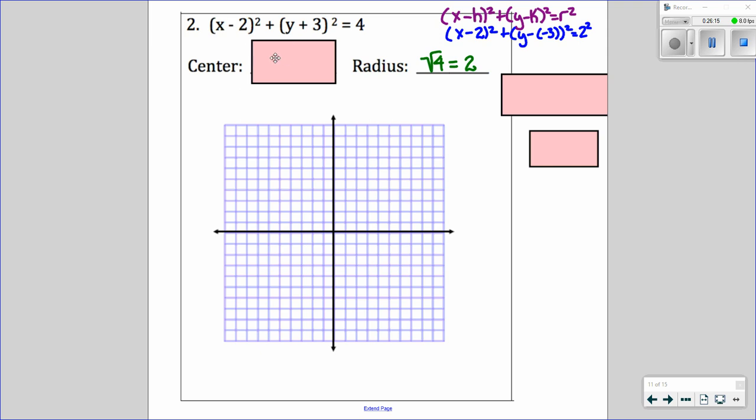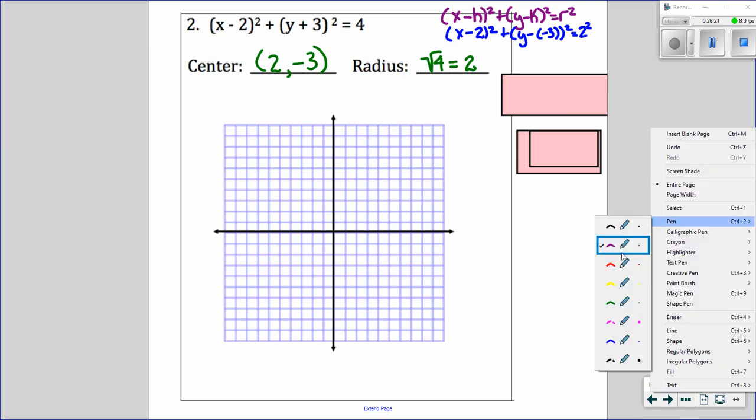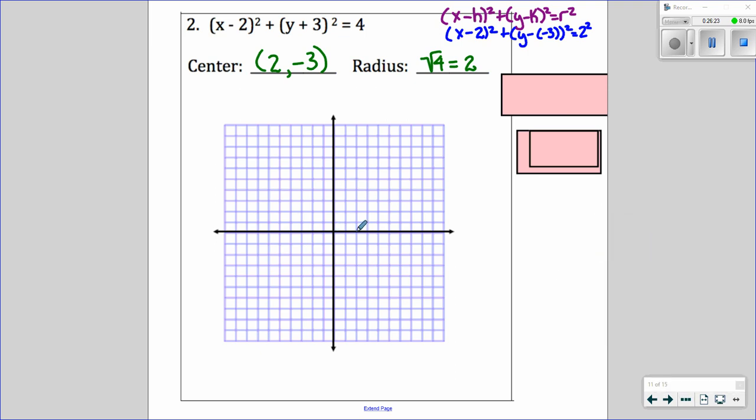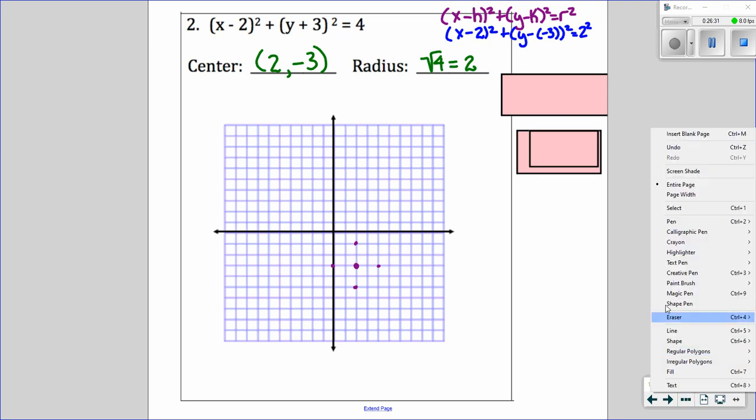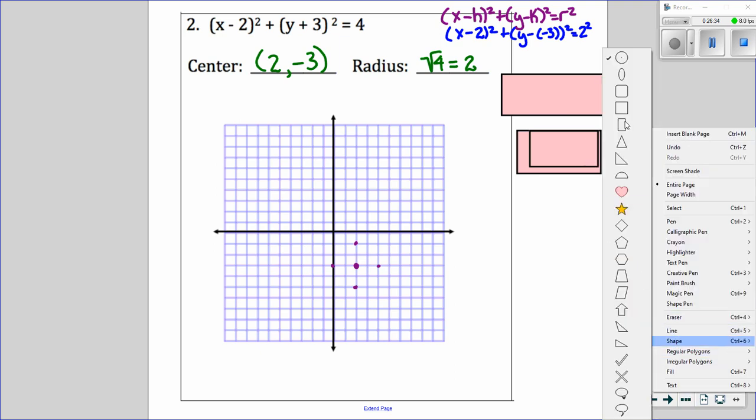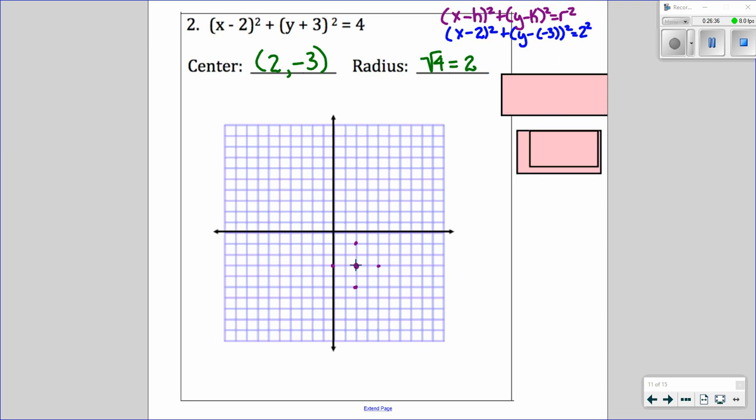So this would be positive, and then the 3 would be negative. So then we have our center: (2, -3) is our center, and our radius is 2. So we go 2, 2, 2, and 2, and I just do the circle. There we go.